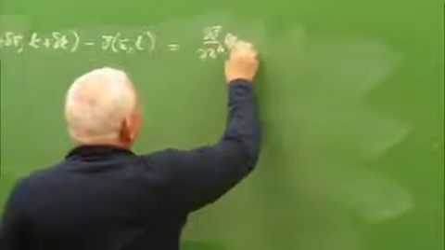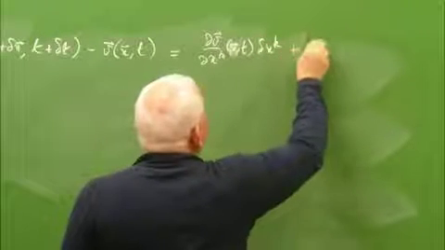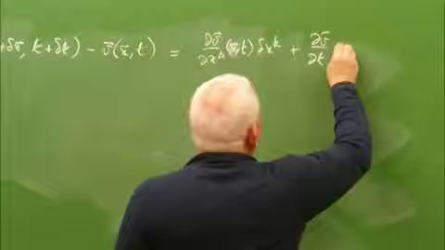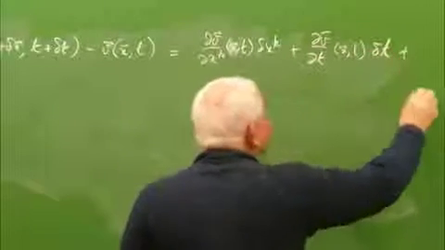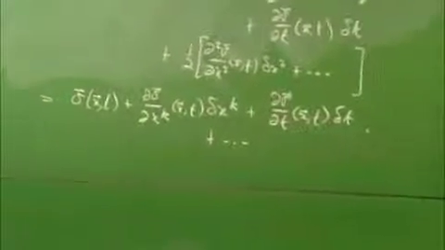I'm going to put in the arguments for completeness. xk plus dv by dt at x and t, delta t, plus, now these terms which appear in the square bracket, we'll have a delta x squared, delta xy, delta y squared, delta yz, and so on.